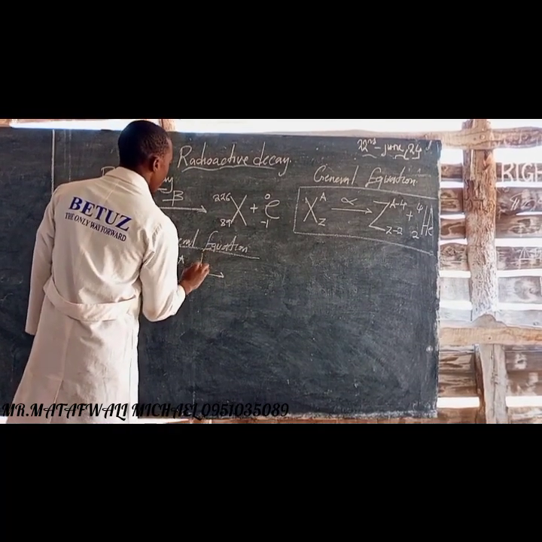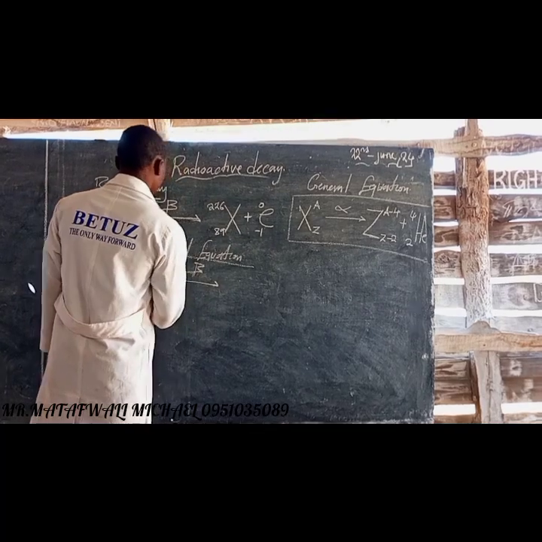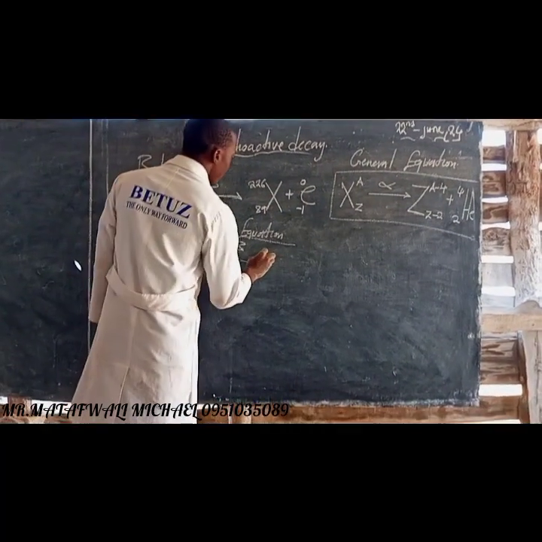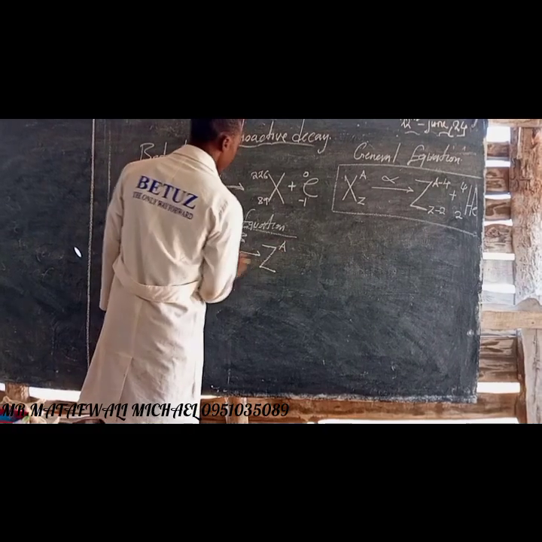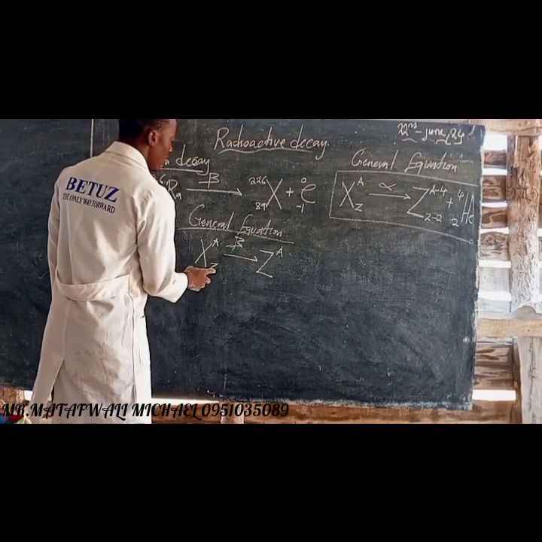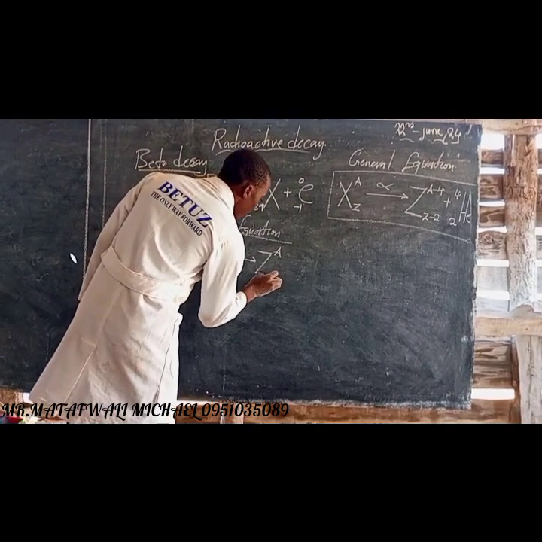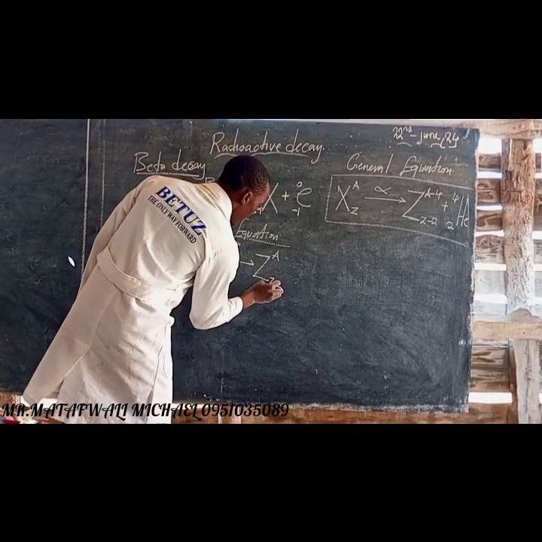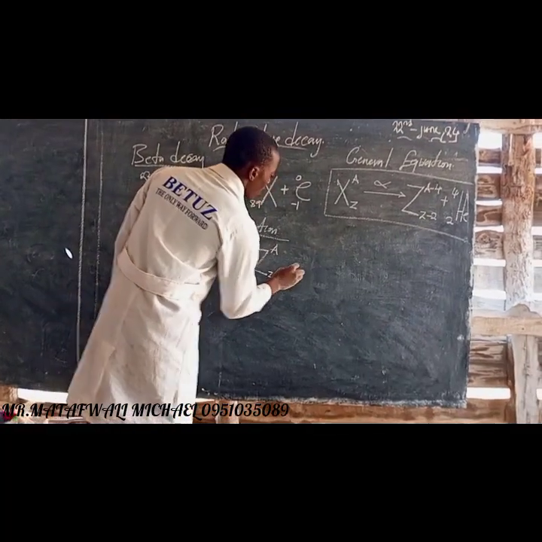So here we are going to put the symbol for beta decay. The mass number remains the same, so we are just going to write A since there is no change on the mass number. Then the number of electrons increases by 1, so we are going to write Z plus 1.